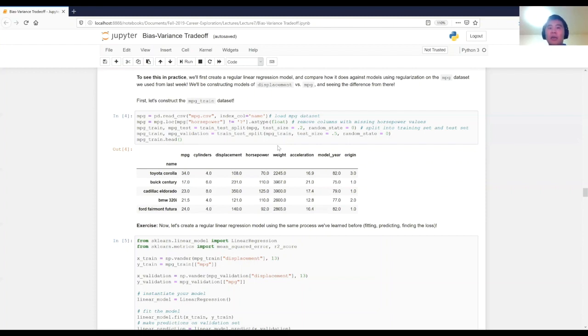So we don't really care about how well a model performs on the data we train on. We really want to see how well a model performs against data it has never seen before. And this is the essential part of regularization. It helps models generalize to data they have never seen before by avoiding overfitting.